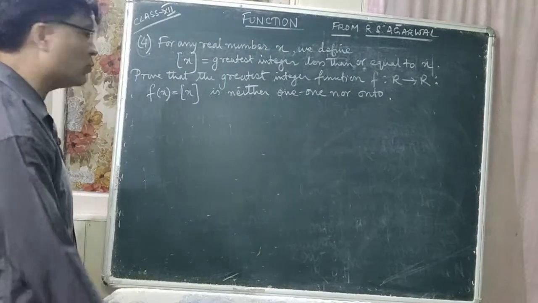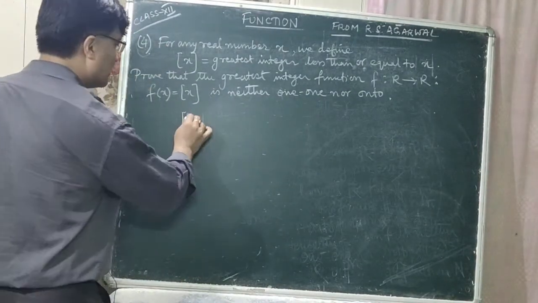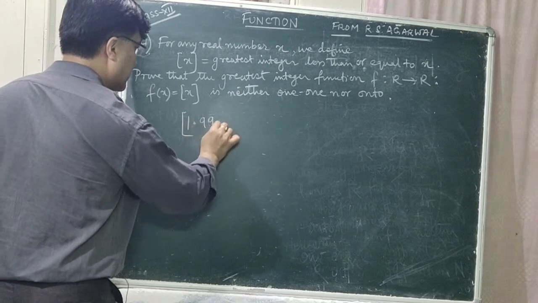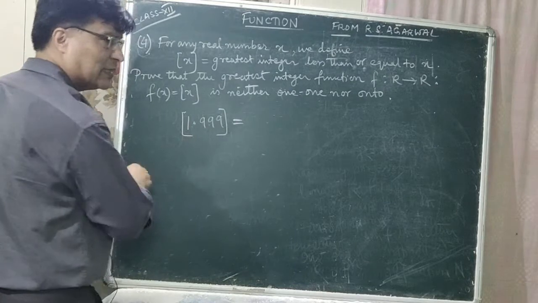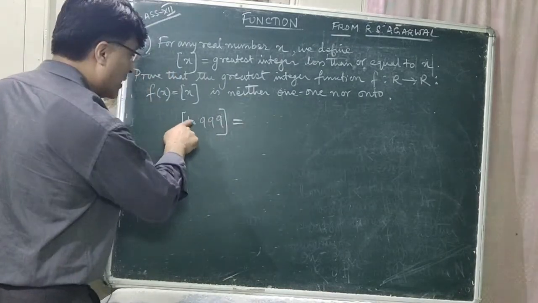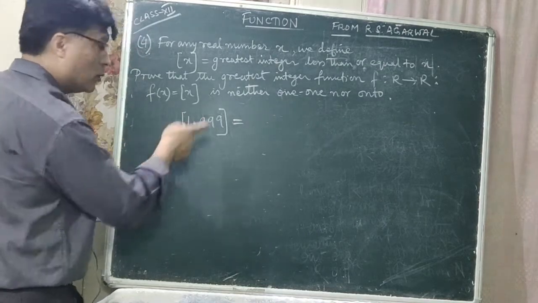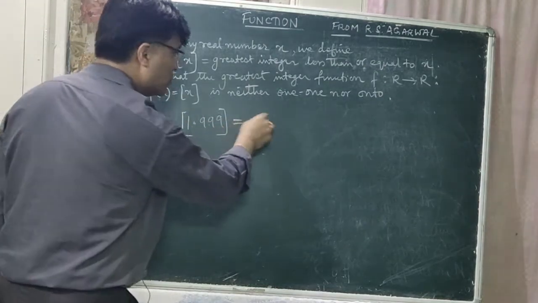So let us revise it once again. So if you write within third bracket 1.999, this indicates that this is the greatest integer function which is less than 1.999. Which is the greatest integer less than 1.999? Can you write 2?